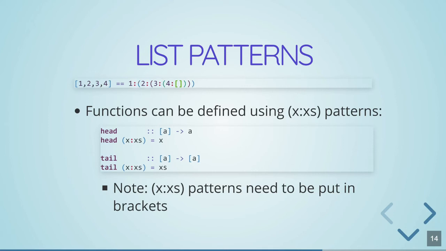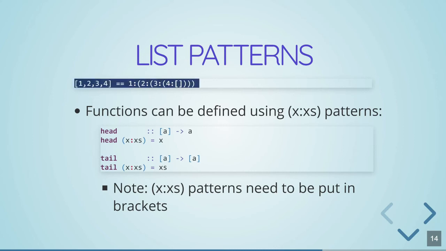You put it together using the cons operator until you get to the end of the list, and then you specify this special value, the empty list, which is just two square brackets with nothing in it. So every time you see a list written like this, you can also interpret it as how it's actually written under the hood.